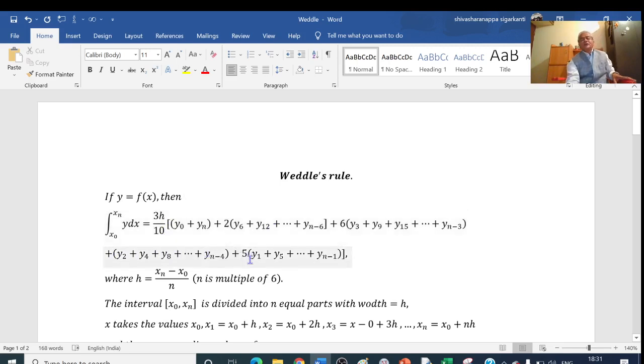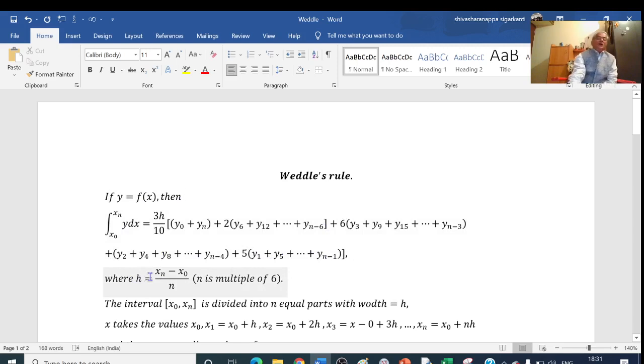Otherwise, if the suffix is not divisible by 2, not divisible by 3, not divisible by 6, then its coefficient is 5 into 3h by 10. That is y1, y5, and then y7 or y11. So these are the terms here. So this is our Weddle's rule formula.